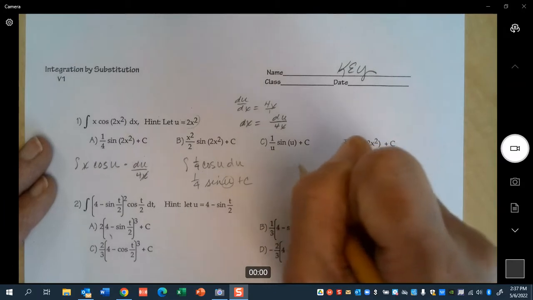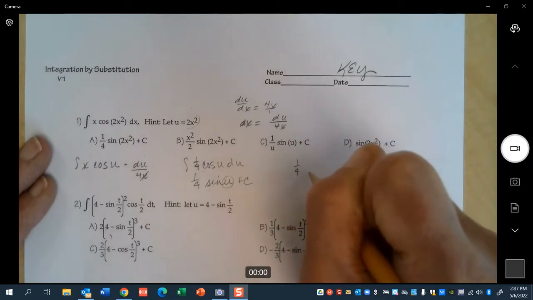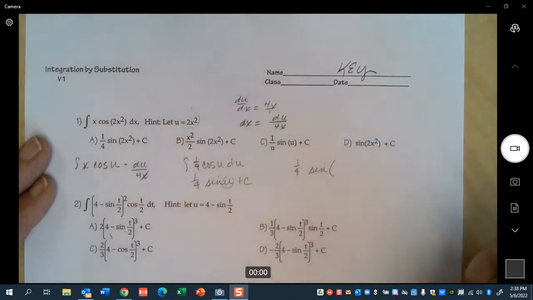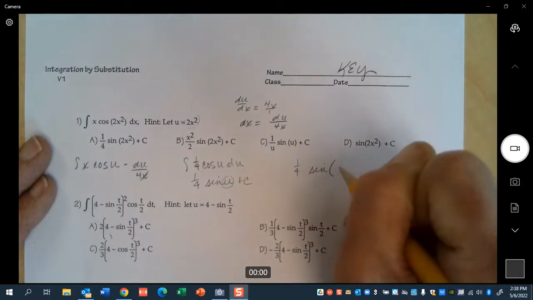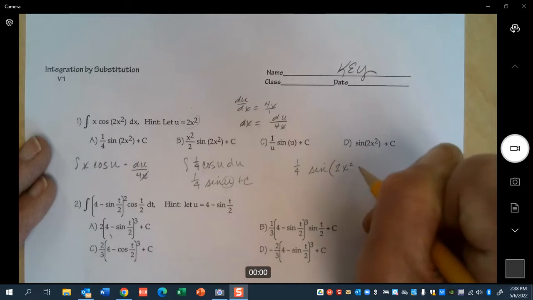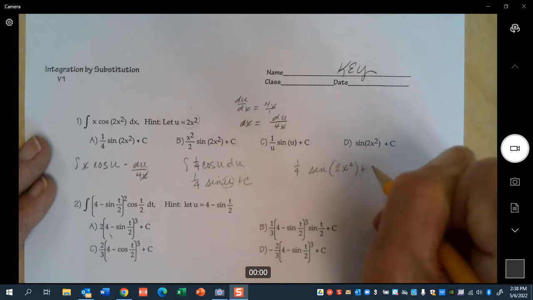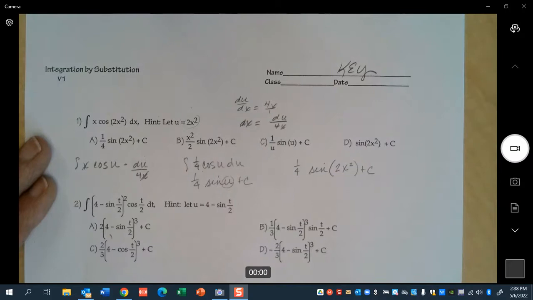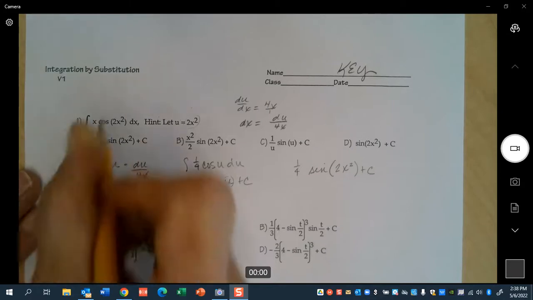So I have 1/4 times the sine of 2x squared plus c. So that looks like A to me, right?